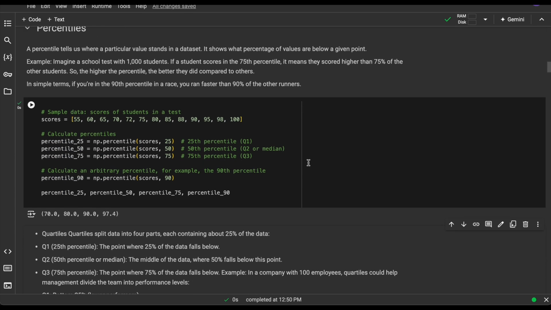Next, the percentile. A percentile tells where the particular value stands in the datasets. Shows the percentile of the value or given below the points. Example, given these are the values. Like and imagine in the school test, 1,000 students. If your students are scoring 75%, like it means scored 75% of the other students, so higher the percentile.